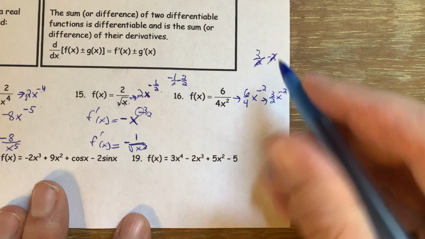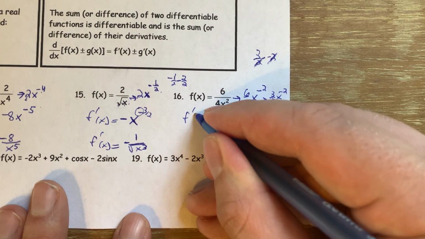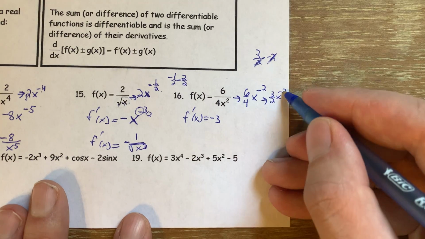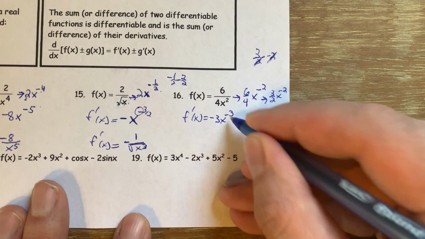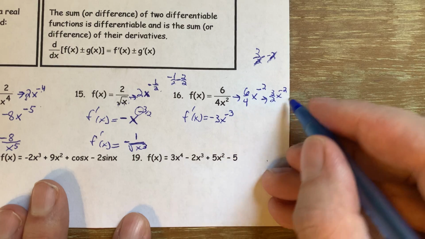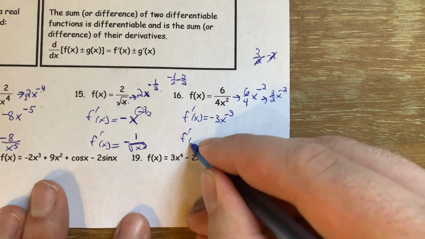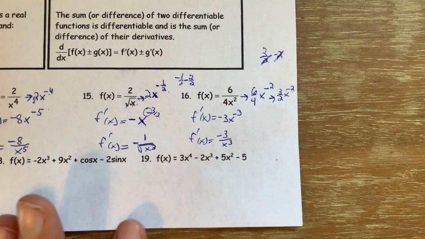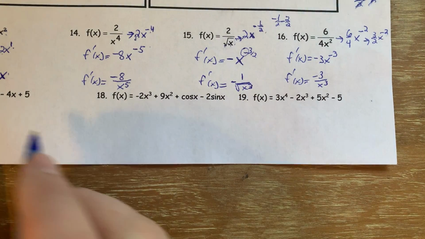It's a nice trick. It's 3 times negative 1 is negative 3. The power goes down by 1, x to the negative 3. And so now we can rewrite it as negative 3 over x cubed. Okay.